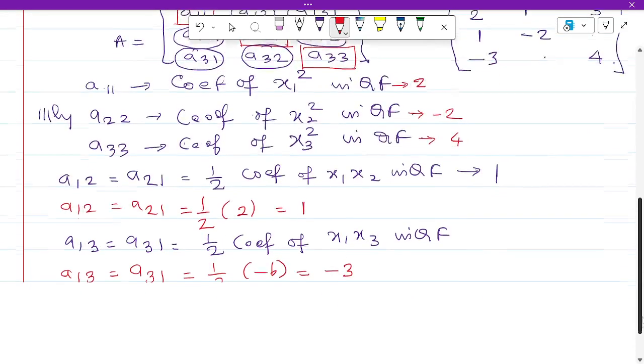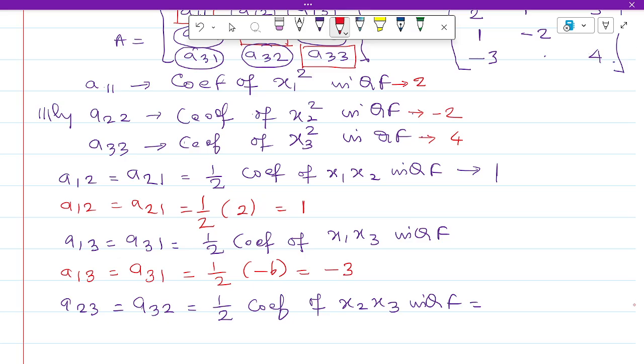So we can write that A23 equal to A32 equal to 1 by 2 of the coefficient, what is the value? 6.